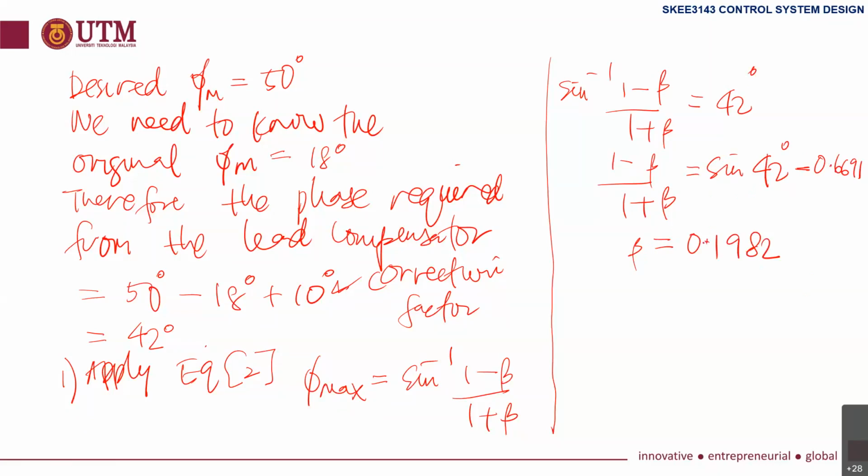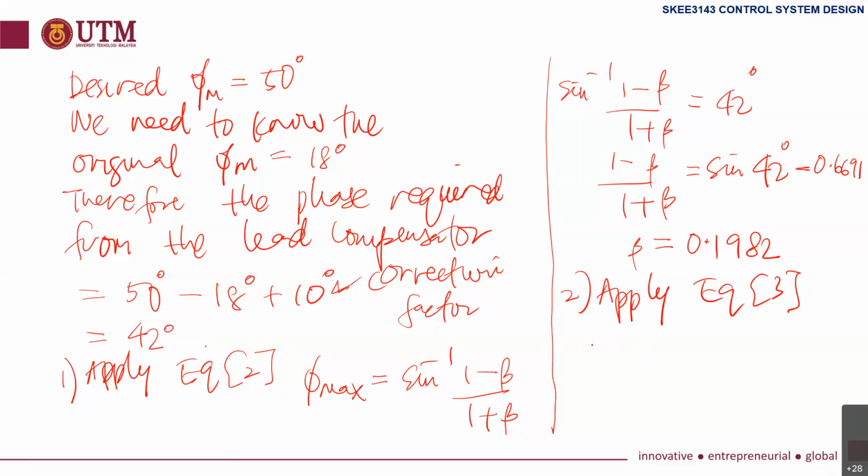You can solve again here, you can redo this one. I just skip calculating here. Beta is 0.1982. Once we get beta, then we apply another equation, equation 3. Equation 3 is the gain at the maximum frequency, at omega maximum.